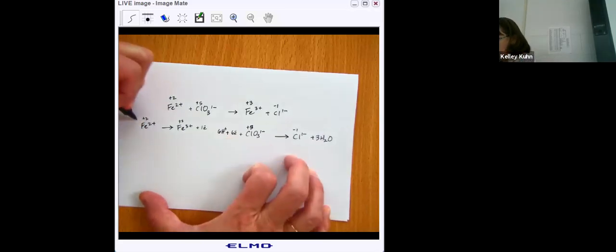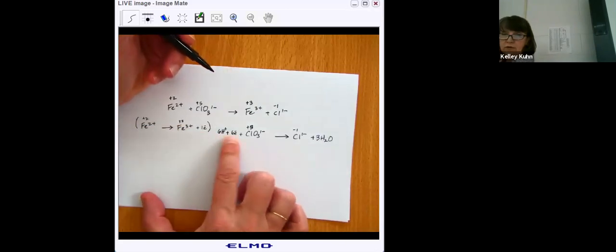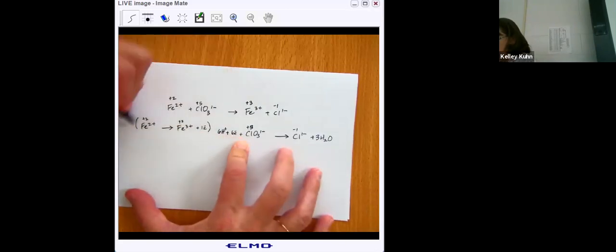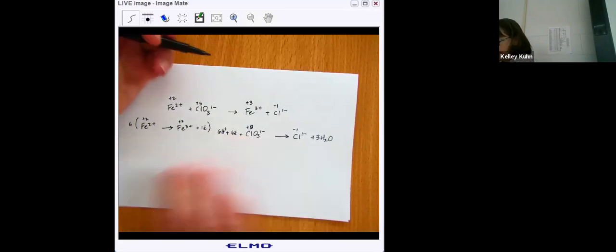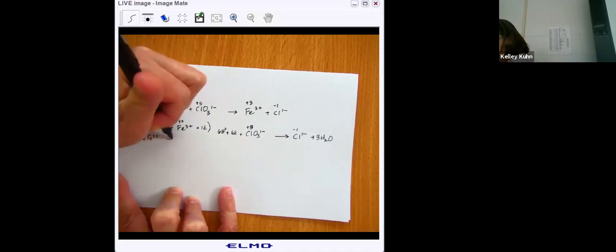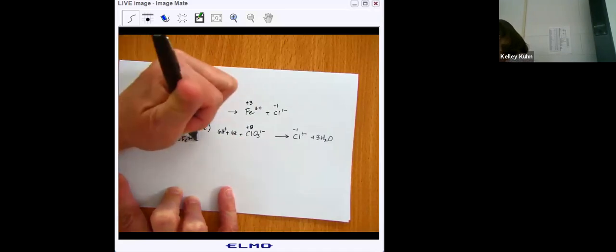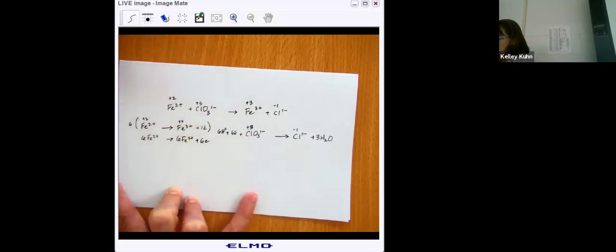So all we have to do to finish this is get this up to 6 electrons, so it'll cancel out those. So I'll multiply this half reaction by 6. So this would be 6Fe2+ going to 6Fe3+ plus 6 electrons. So now I'm ready to put it together.